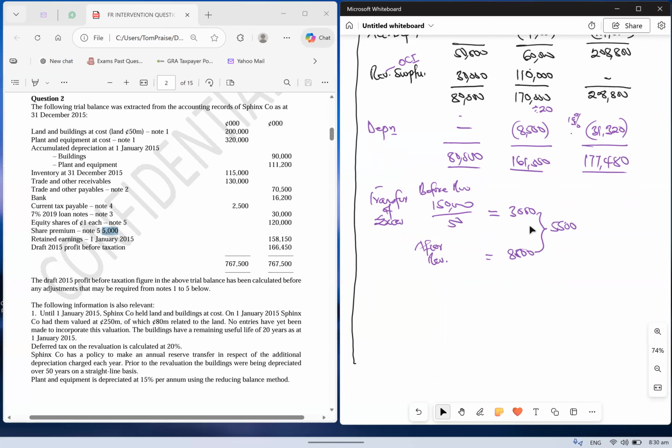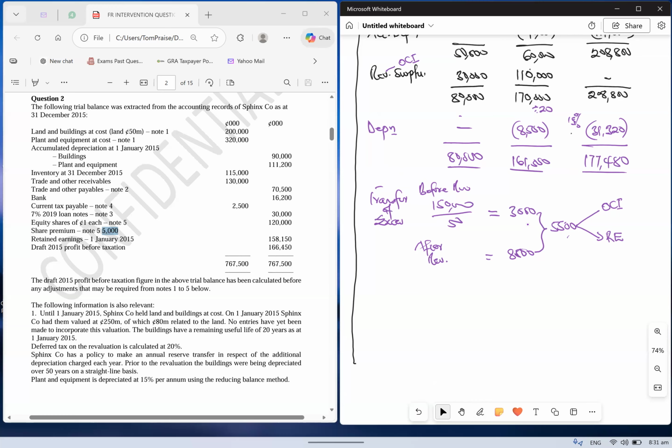This is the additional depreciation that has come about because of the revaluation. So you are going to transfer this figure from the OCI and take it to the retained earnings.